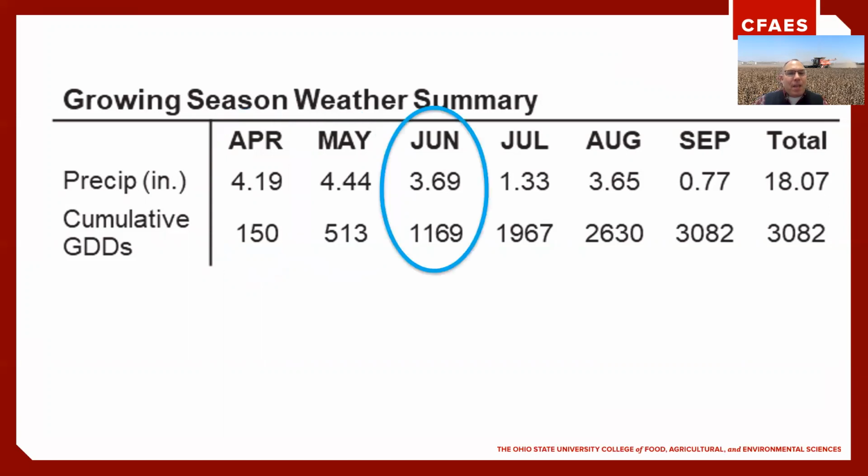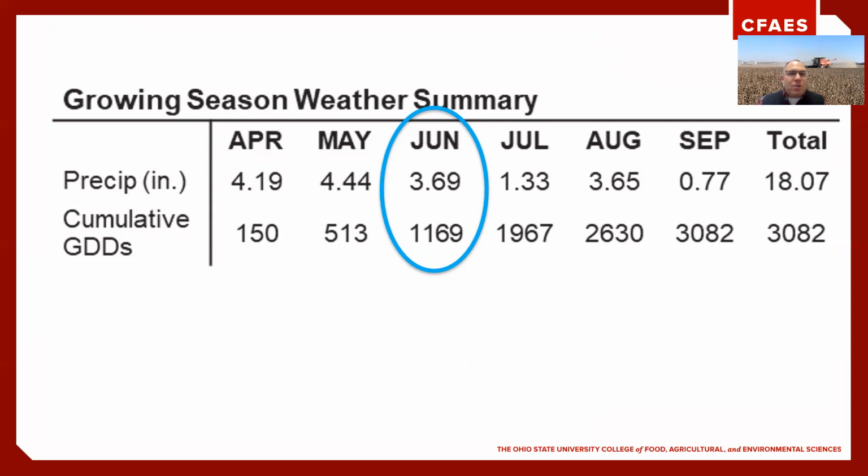Once we got the crop planted, we were able to get some rain. Between the rain giving us a little bit of a crust, as well as the crop ground being so dry, I felt like we had some emergence issues, and we'll talk about that here in a little bit.